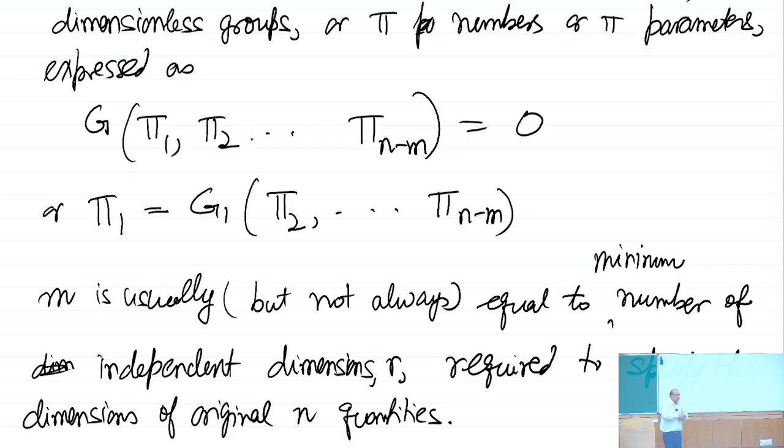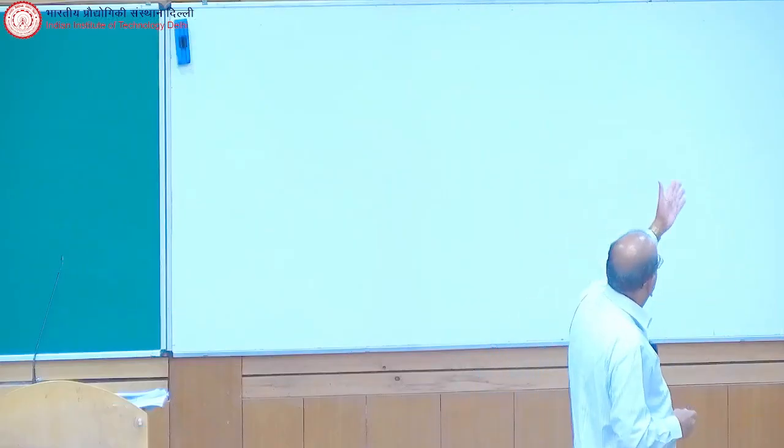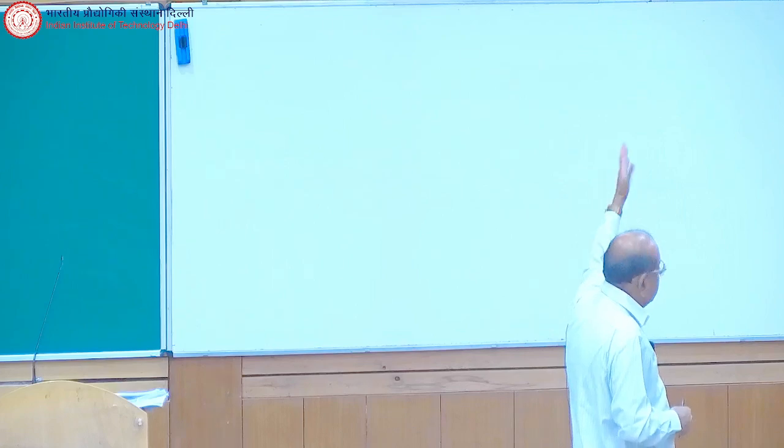So initially there were n quantities, each quantity will have some dimensions. So the minimum independent dimensions.